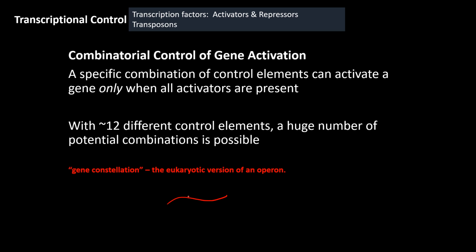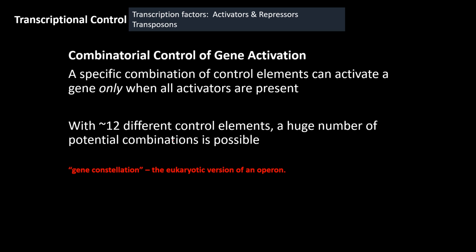All right. And this gives you the idea here. Let's say here's a gene, and here are some control elements on that gene. And somewhere else in the genome, there's the same 3 on this gene. And so this gene and this gene, even though they're nowhere near each other, because they still have the same control elements, will bind to the same transcription factors and will be activated at the same time, reminiscent of the prokaryotic operon.